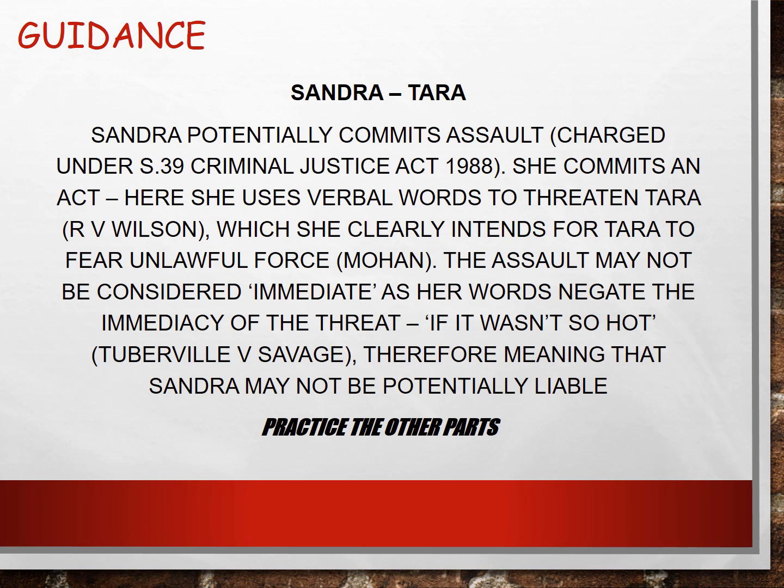We can use the case of Wilson to evidence, which she clearly intends for Tara to fear. So she does intend that, doesn't she? There's obviously a bit of background history between them, so we can use Moen to evidence the intention. The assault may not be considered immediate, as her words negate the immediacy. If it wasn't so hot, so that's kind of similar to the Tuberville and Savage type situation.